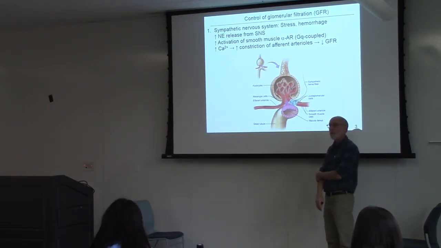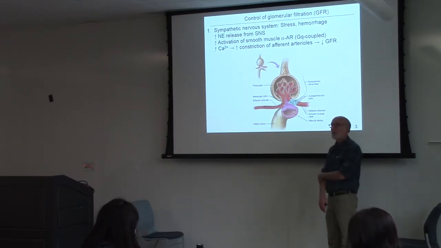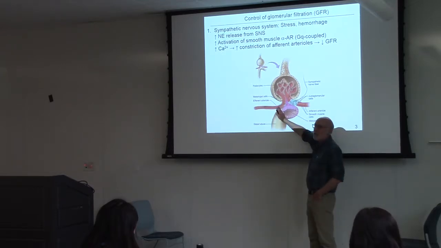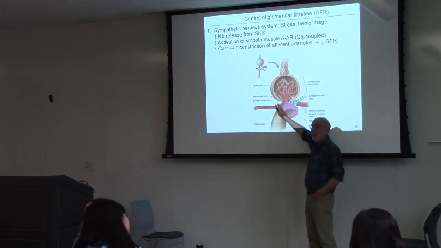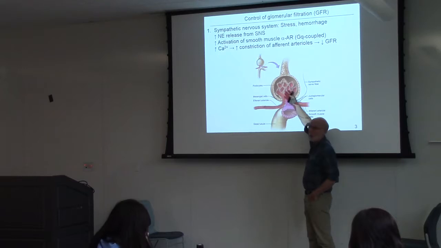So the sympathetic nervous system only acts on the afferent arterioles? It primarily acts on the afferent arteriole. It probably also constricts the efferent arteriole, which by itself would increase filtration because it would build up pressure here.